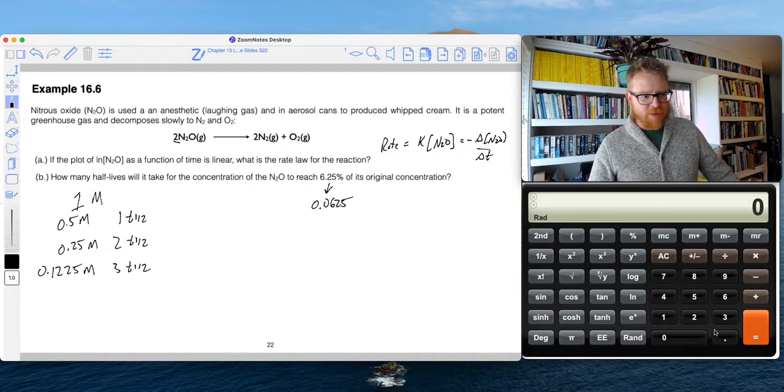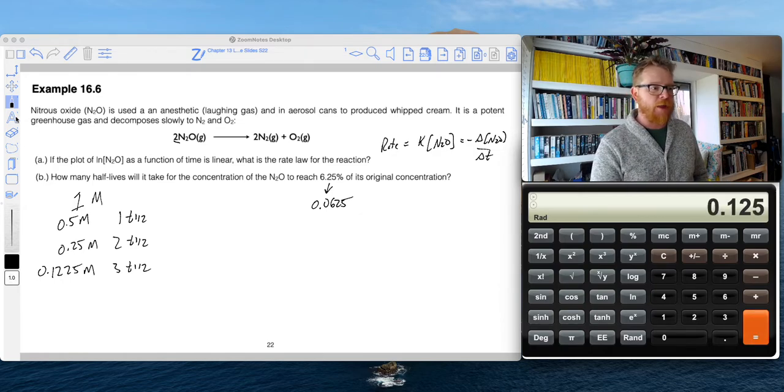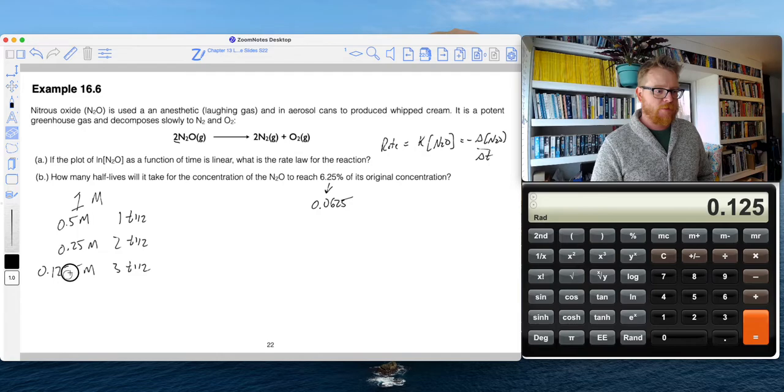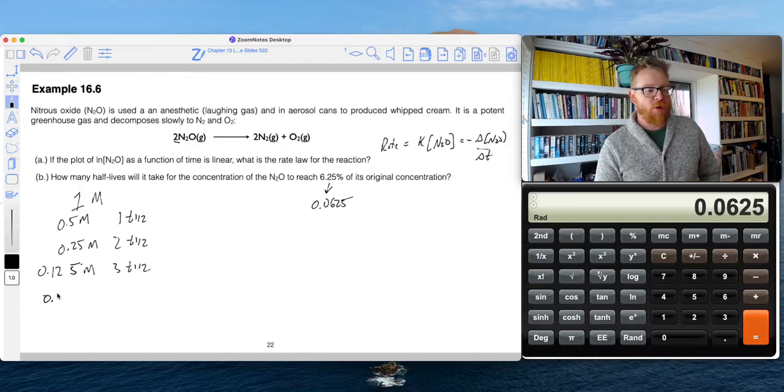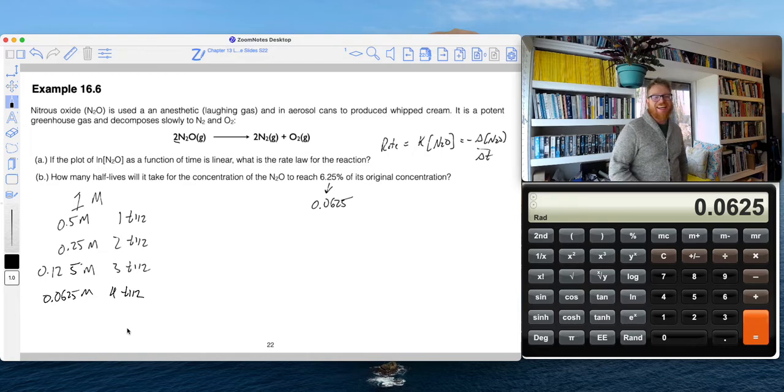Let's make sure I did that right: 0.25 divided by 2, 0.125, I knew that looked off. And if we do one more half-life, let's divide this by 2, we get 0.0625 molar for 4 half-lives.